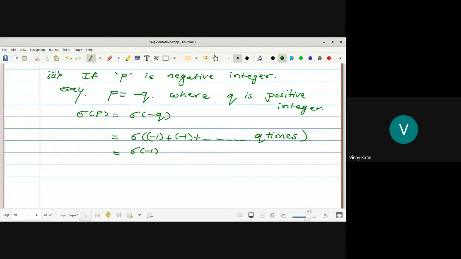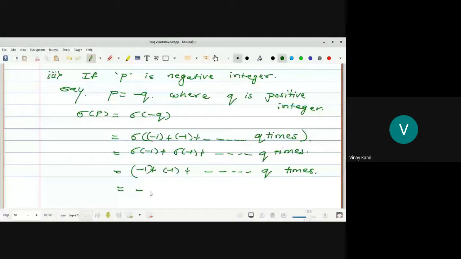Why? Because sigma is an automorphism. Which is equal to minus 1 plus minus 1 plus up to q times, which is equal to minus q. What is minus q? p. So sigma of p is equal to p, where p is a negative integer also holds.